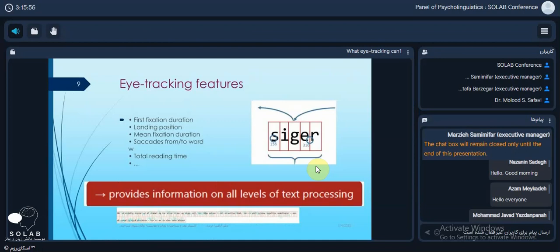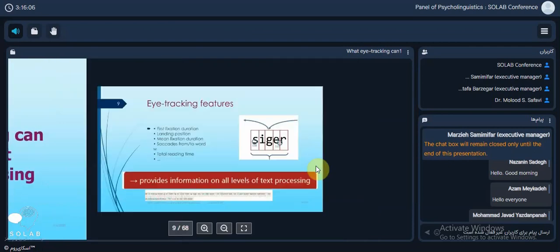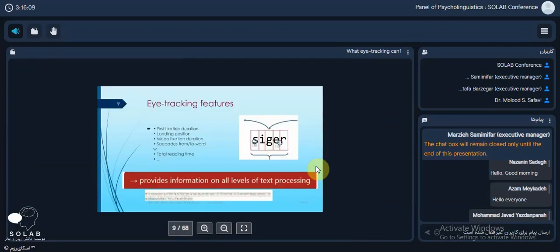Eye-tracking features, what you should know about reading. Please see this word. You can see this word letter by letter.